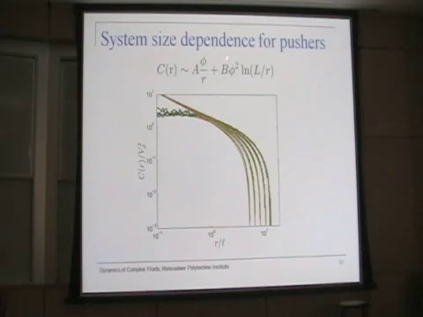Asymptotically, you get this theory, which is 1 over r. That's the independent contribution. And then there's this finite size effect, which is order phi squared. It's a pairwise term, but it's logarithmic in the size of the system, L over the separation. Using these two fitting parameters, we see that system size dependence.